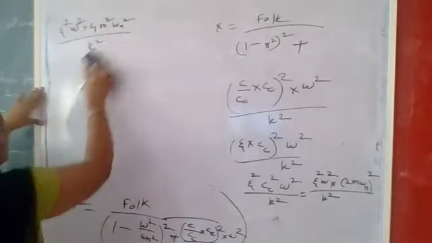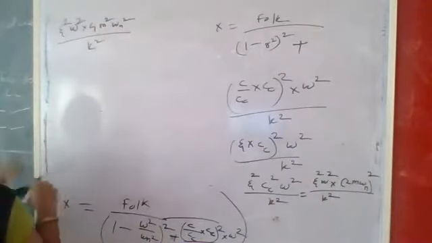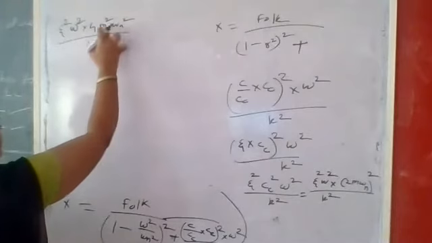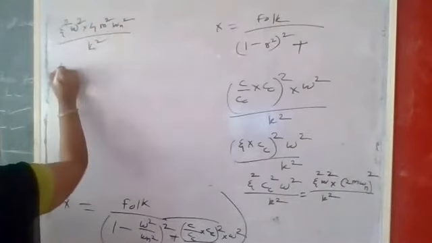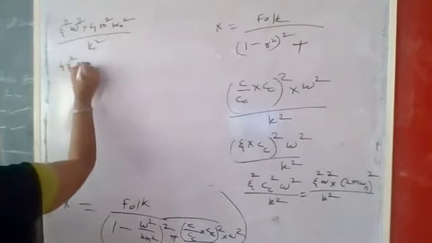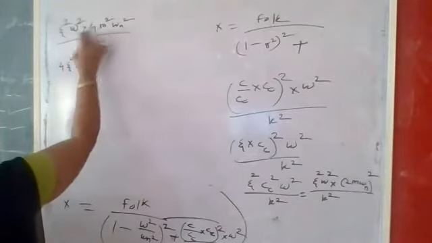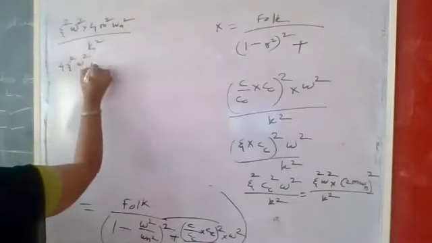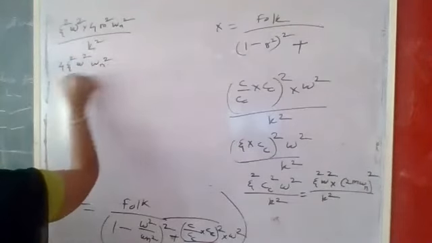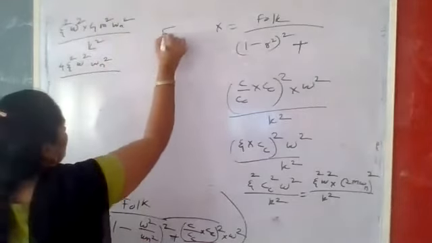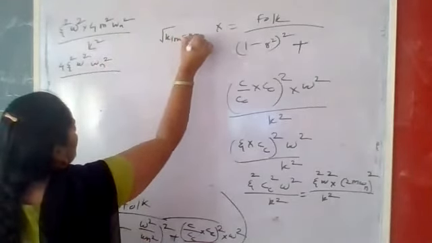That value is k square. So zeta square, omega square, omega n square, m square, it will become 4 zeta square omega square into omega n square, divided by k by m. Root of k by m is equal to omega n.